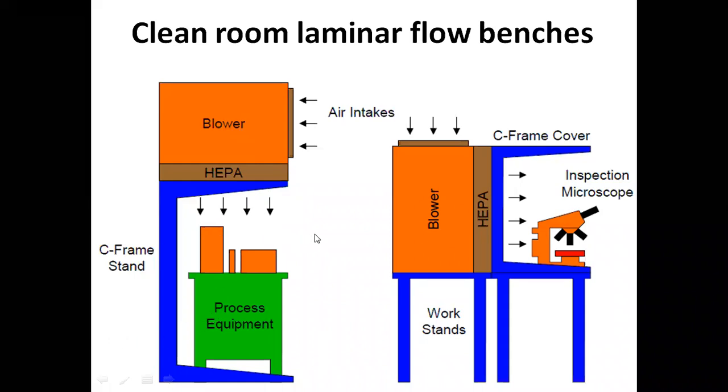The air would not be blowing onto your face, because here we are dealing with toxic chemicals, and the user would be standing here. It is designed in such a way that the air blows on your wafer and your equipment inside the laminar flow bench, but that air would not come onto your face.